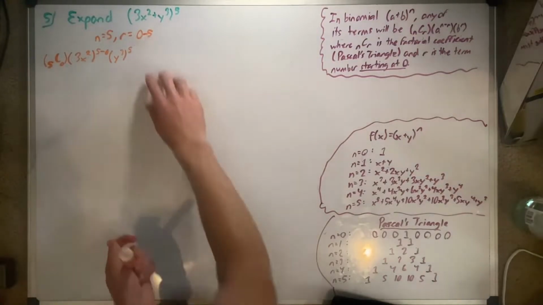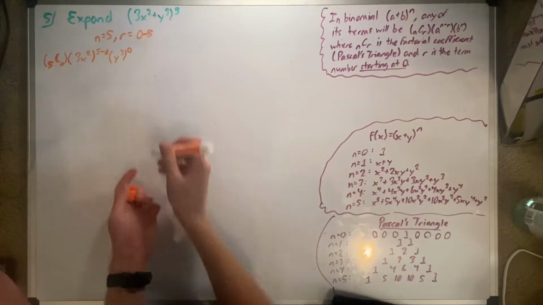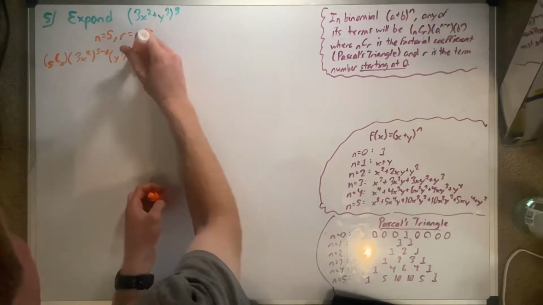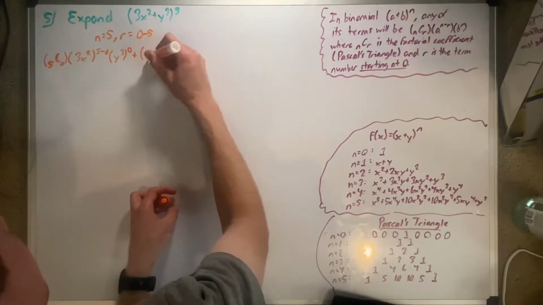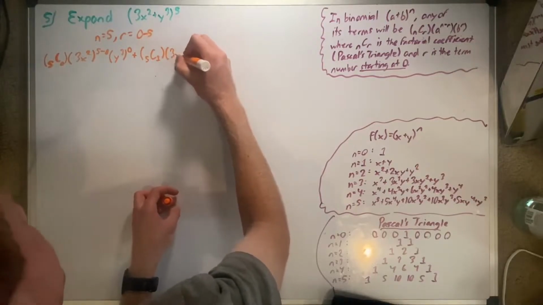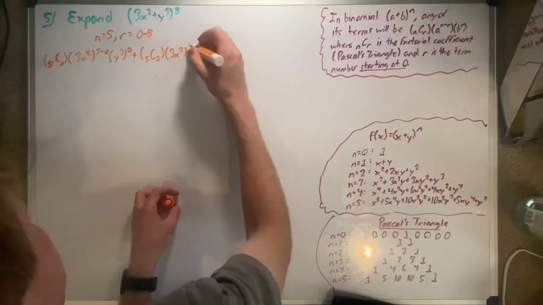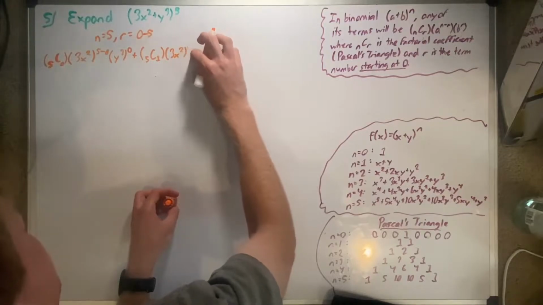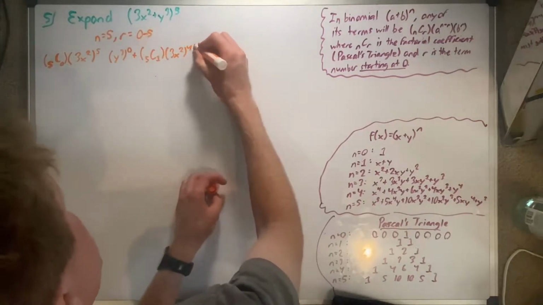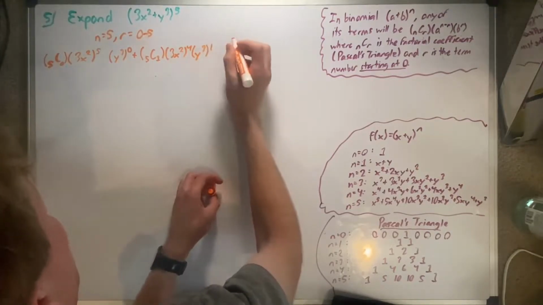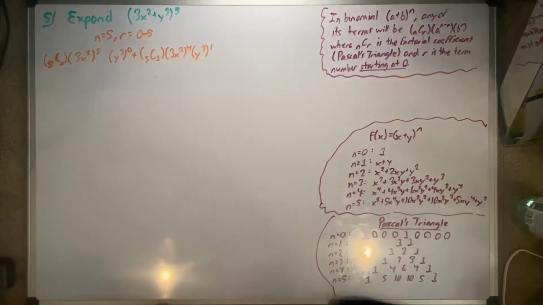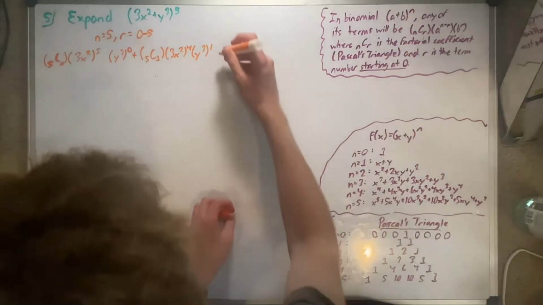Yes, it does. Oh no, this is R0. I was wondering why that wasn't working. Okay, and then we'll have plus 5C1, 3x cubed, and this is going to be 4, because this one here is 5. So this one now y cubed is 1, plus, you see how this is going to get long?